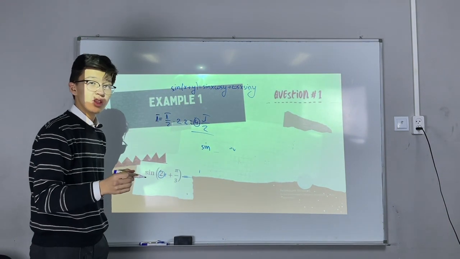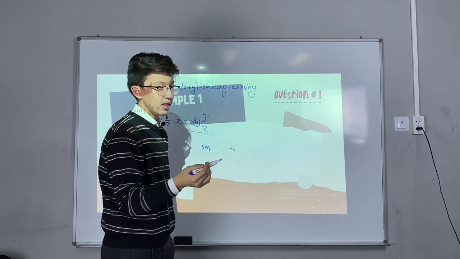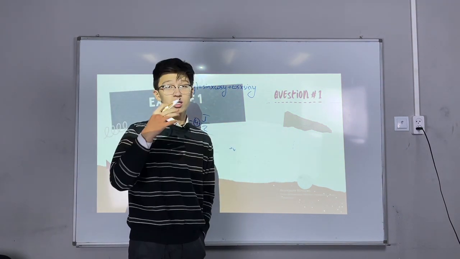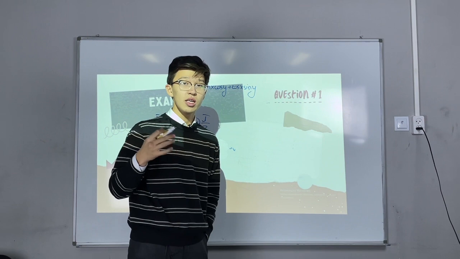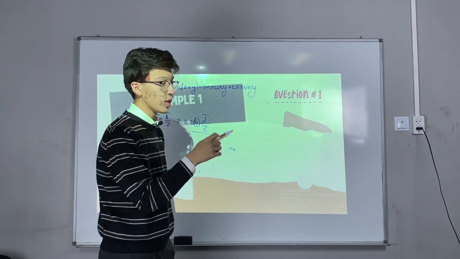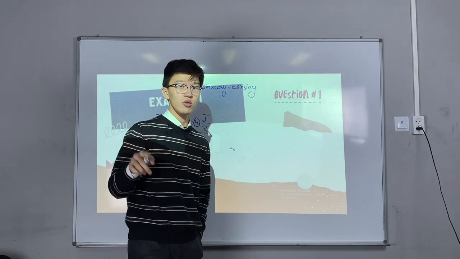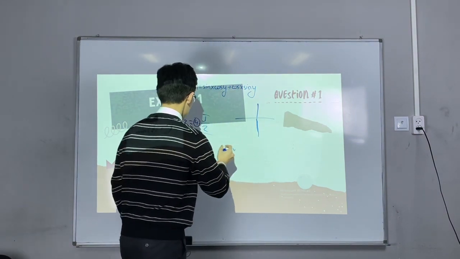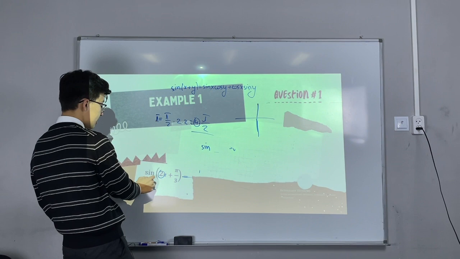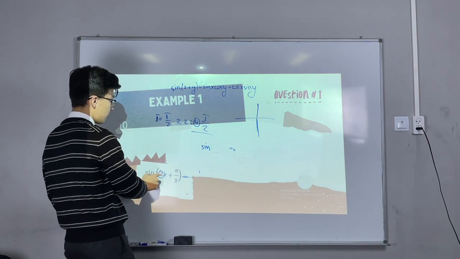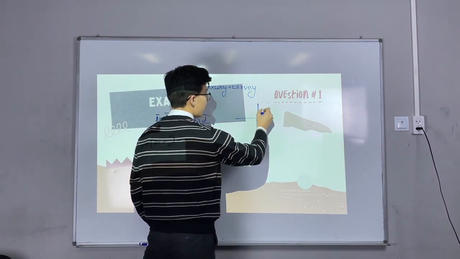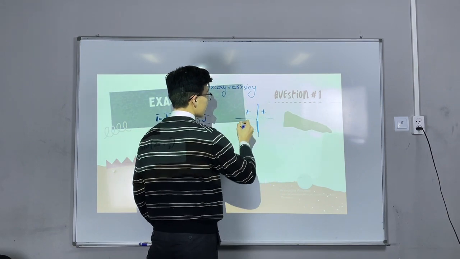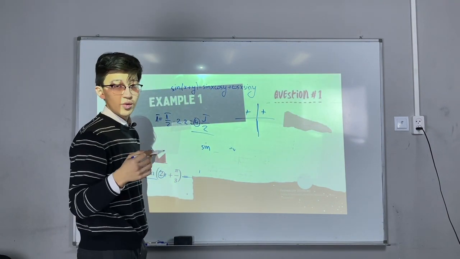And what about the positive or negative sign of our equation? We can easily find it by drawing it on the quadrants. As you know, for the sine function, the first and second quadrants are always positive.